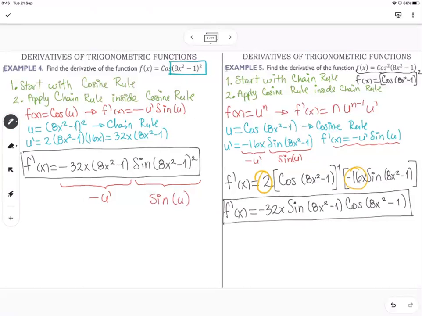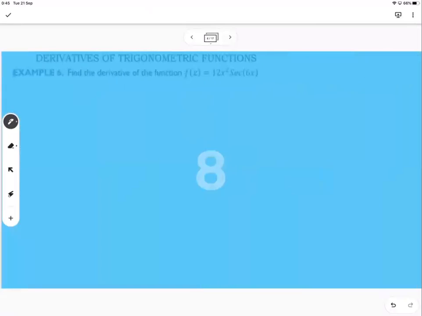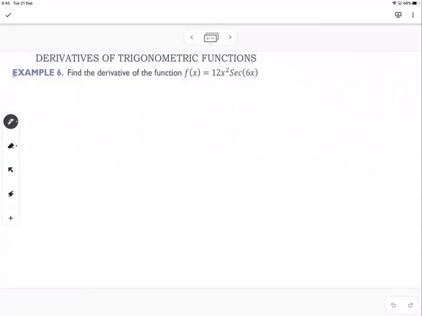Okay. Number 6. Okay, find the derivative of the function. Now notice that this is a different example. As you can see, we have a product of two functions.